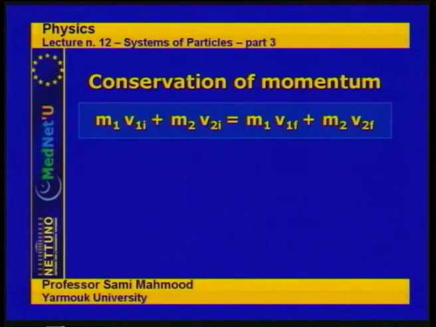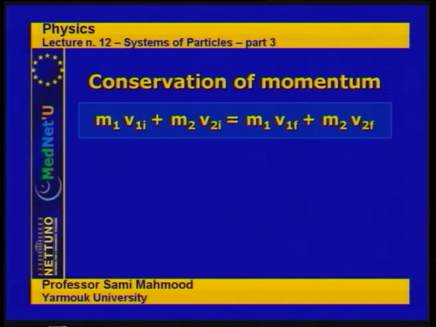So from the conservation of momentum, the first principle, we have m1 times v1 initial plus m2 times v2 initial, which is the total momentum of the system before collision in the initial state, equal to m1 v1 final plus m2 v2 final, which is the total momentum of the system after collision in the final state.